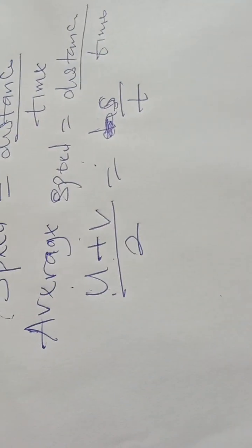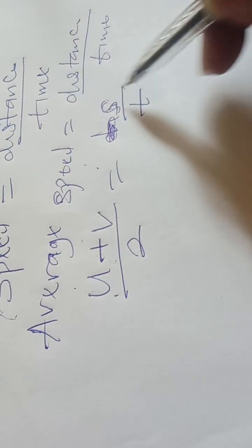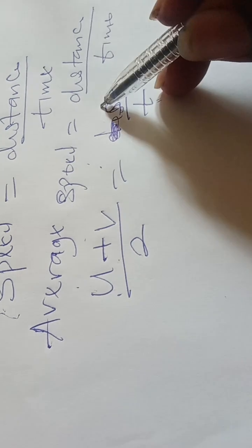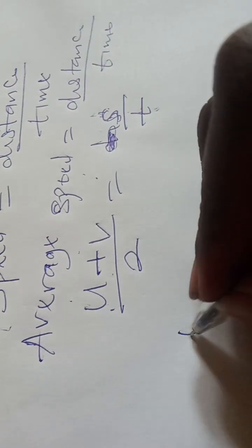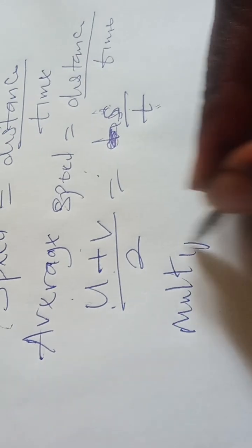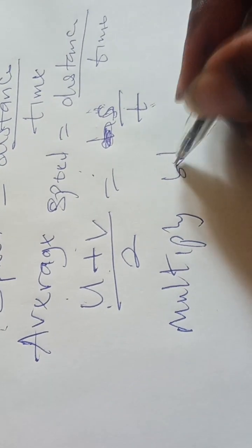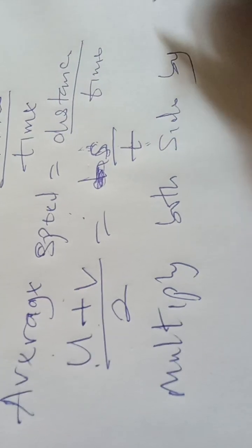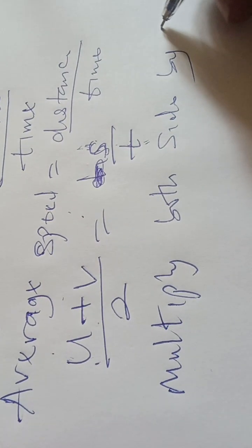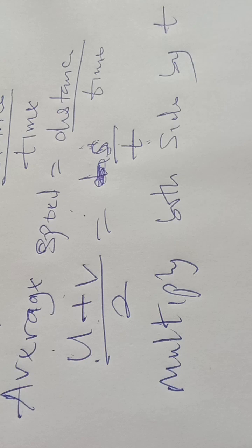The next thing is to make s the subject of the formula. So we multiply both sides by t. If I multiply both sides by t, it will cancel t.